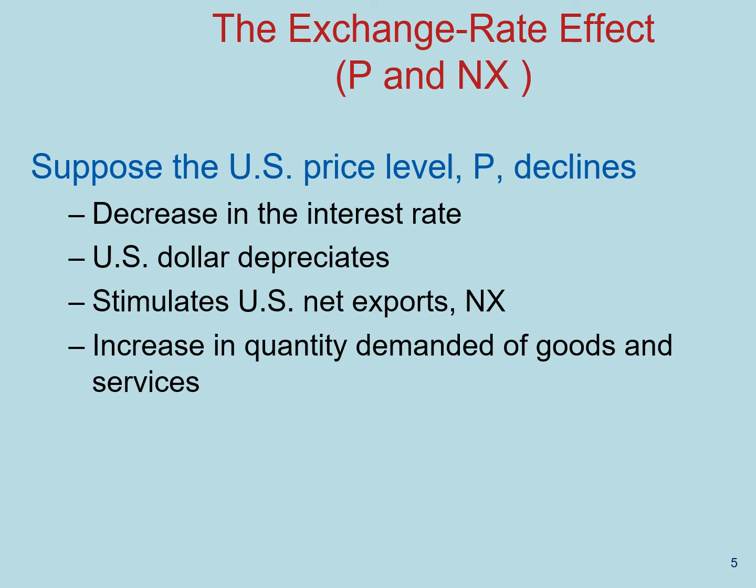At the same time, an appreciation of foreign currencies makes their goods and services more expensive, relatively speaking, here in the US, lowering imports. That effect increases net exports, eventually increasing aggregate demand. As with every thought experiment until now, the exchange rate effect also works in reverse.